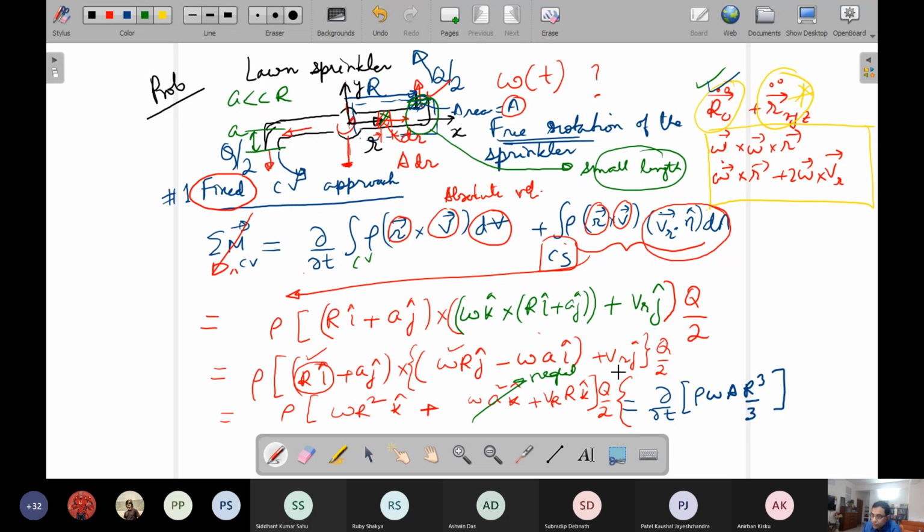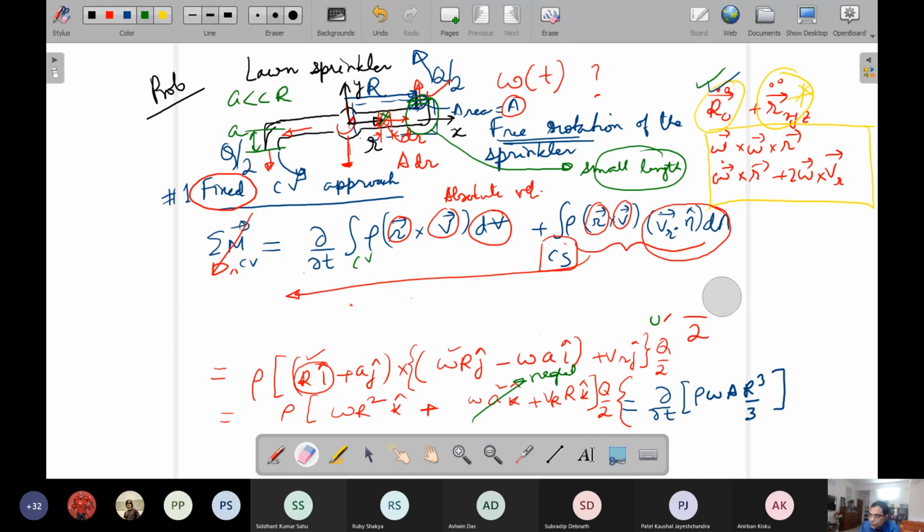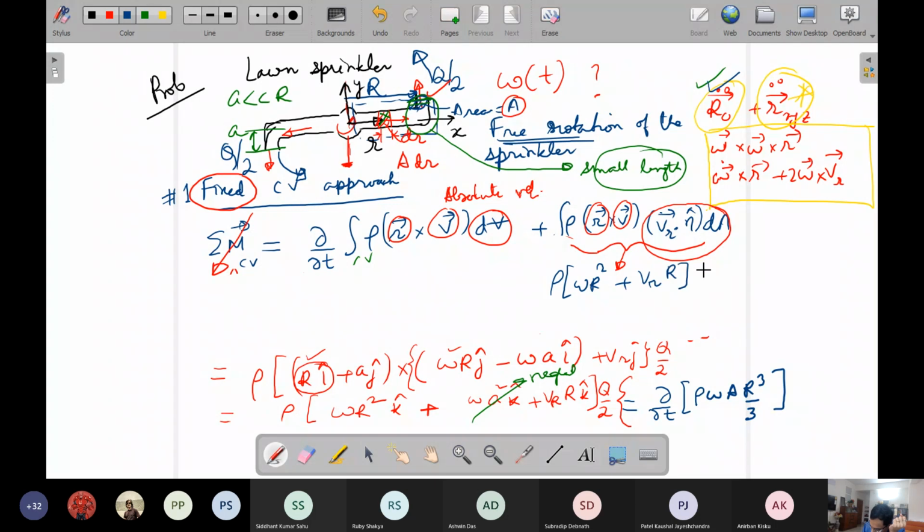That means that we are left with this first term, and the second term, which is nothing but rho omega r square plus this Vr into r, this into Q by 2 into k.